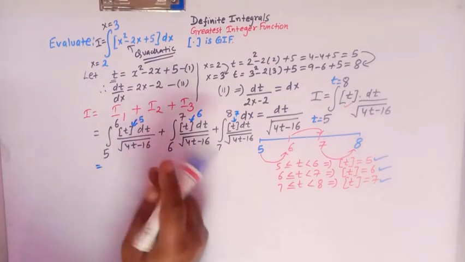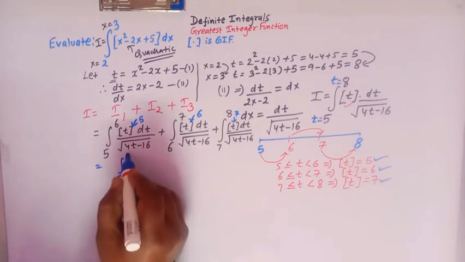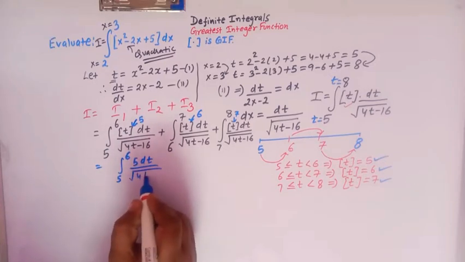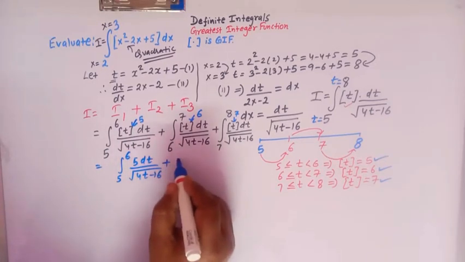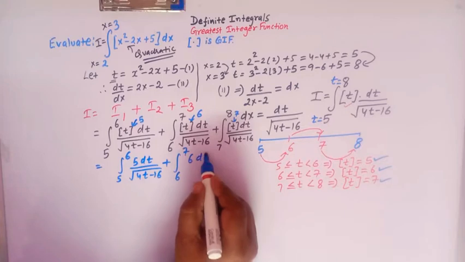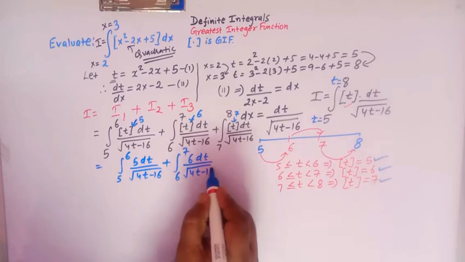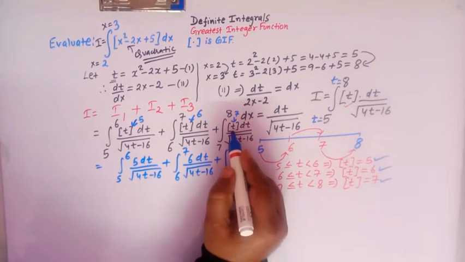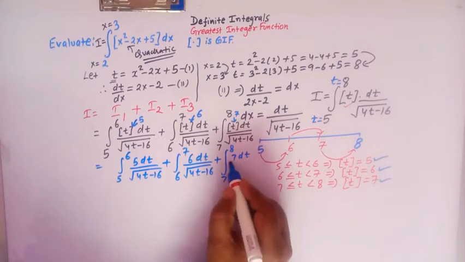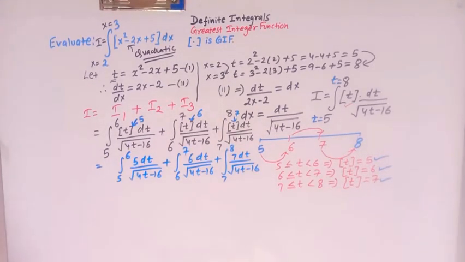Okay, so now these three integrals can be rewritten as 5 to 6 we have 5 dt over square root of 4t minus 16, and here we have 6 to 7. For this we have 6 dt over square root of 4t minus 16, and for this we have 7 to 8, and here we have 7 dt over square root of 4t minus 16, right?